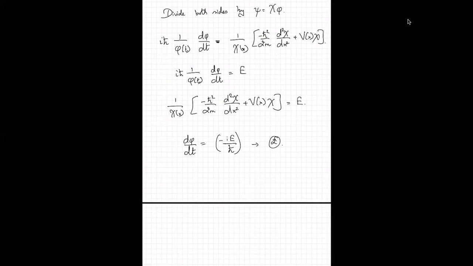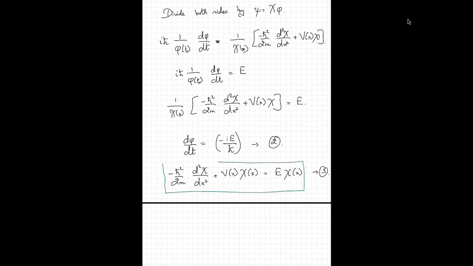The second equation I can rewrite as minus h bar squared over 2m d squared chi dx squared plus V of x chi of x equals E times chi of x. This I'll call equation 3, and I'll box equation 3. And I will solve equation 2.